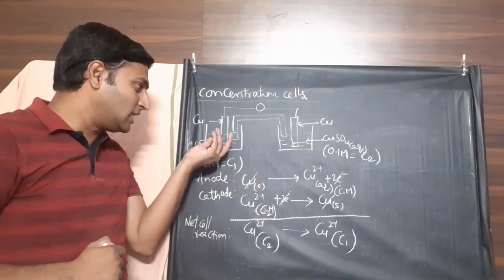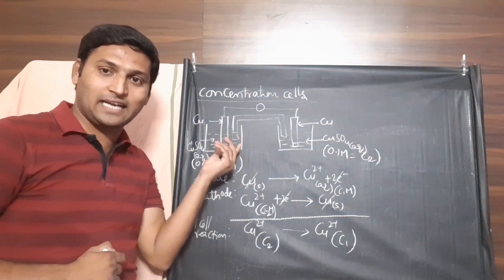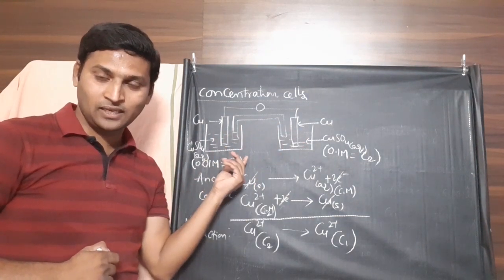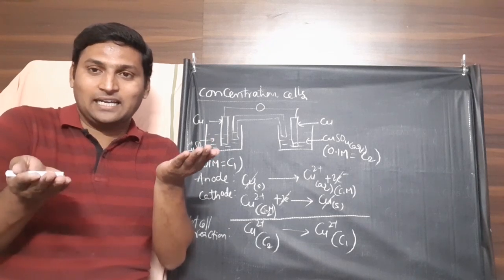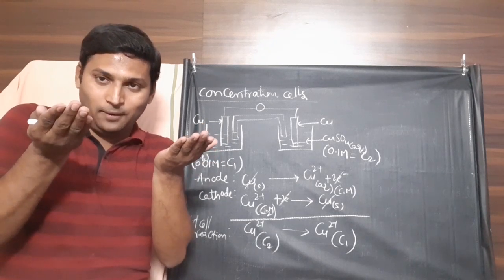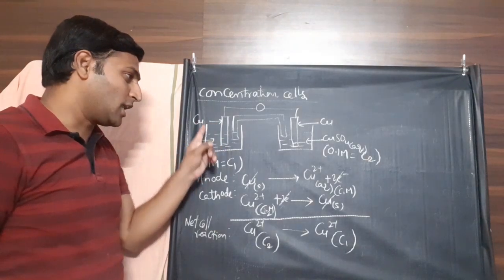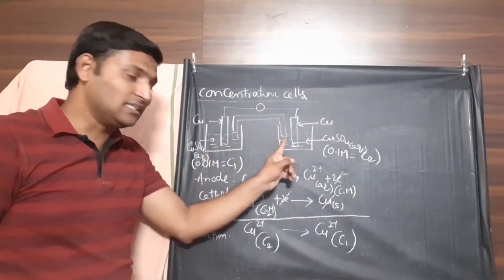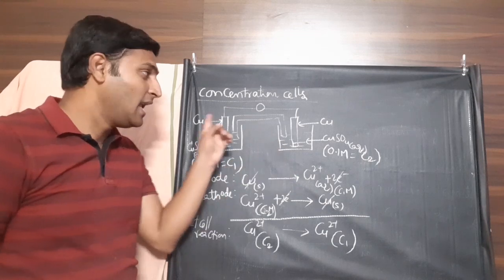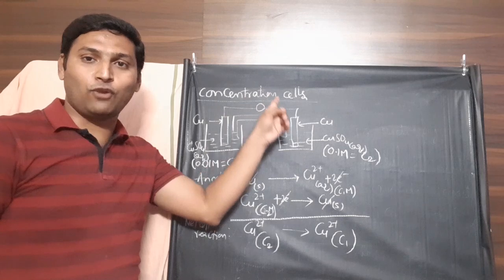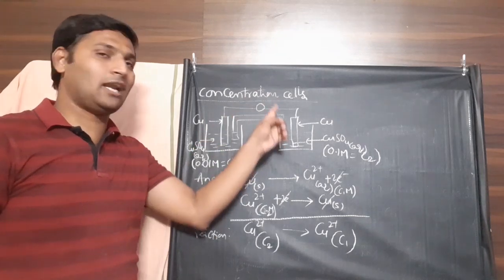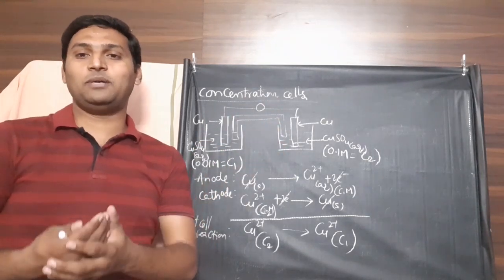Because you have created a concentration gradient, in order to reduce it and make the concentrations equal, this electrode undergoes oxidation and this electrode undergoes reduction, and hence there will be flow of electrons. Because there will be flow of electrons, voltage will be generated.